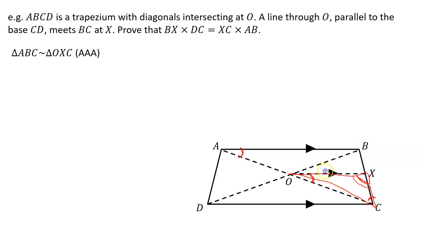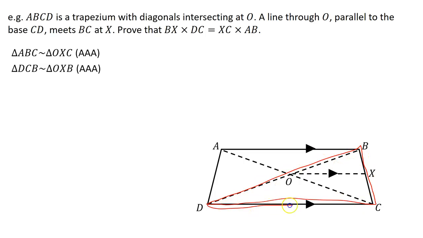I'm going to get rid of that because otherwise it's going to confuse everything. I can also say that DCB is similar to triangle OXB for the same reasons. I've got corresponding angles and parallel lines here, corresponding angles and parallel lines here, and B is common to both triangles.